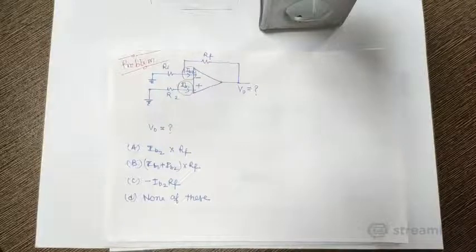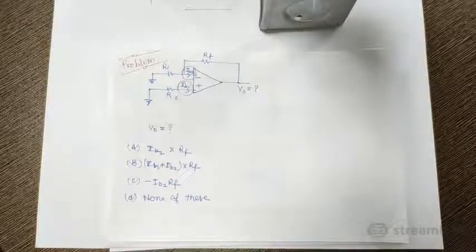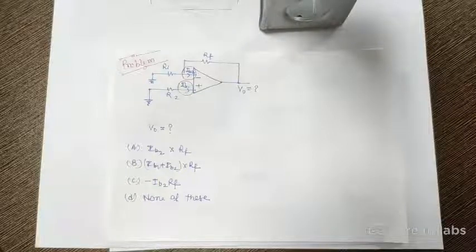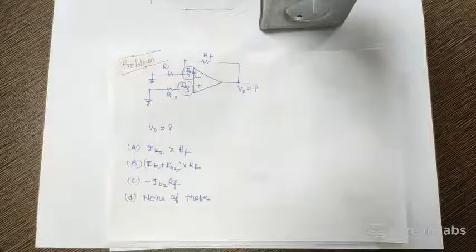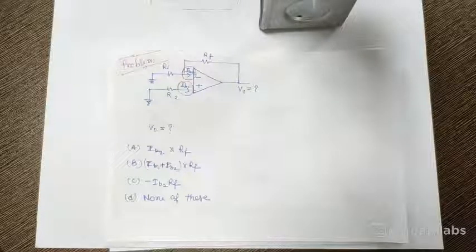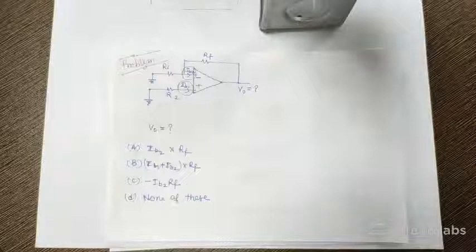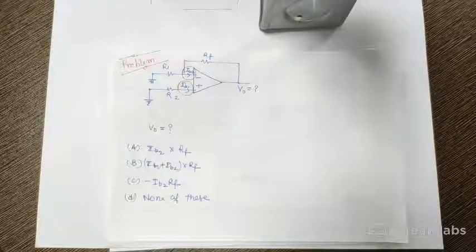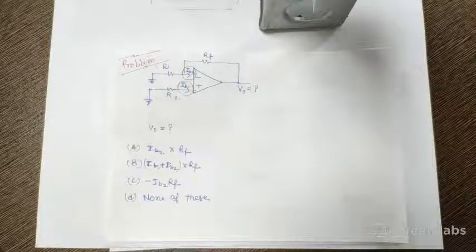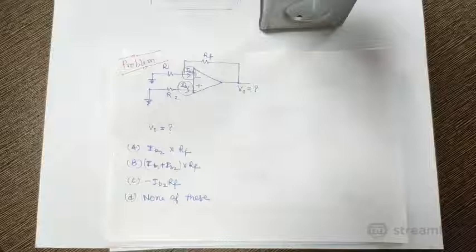But yes, I got only two options from all of you, that one option is plus IB2 into RF, other option is minus IB2 into RF. So we have to decide which one is correct. More are coming into the plus IB2 into RF.